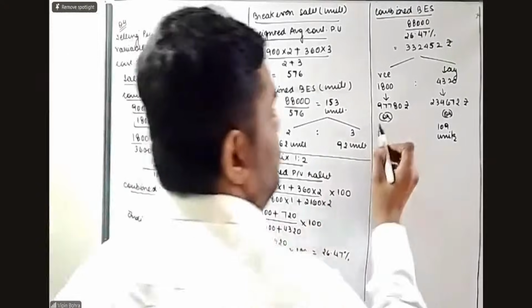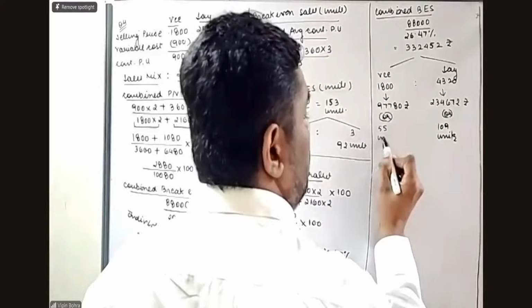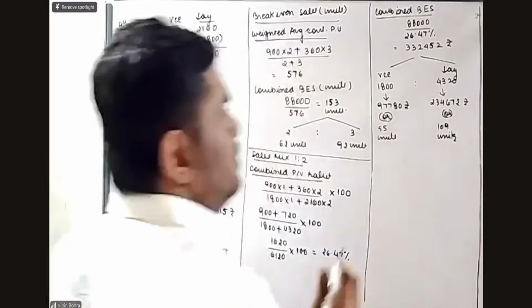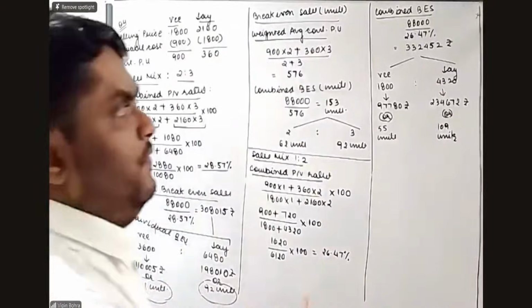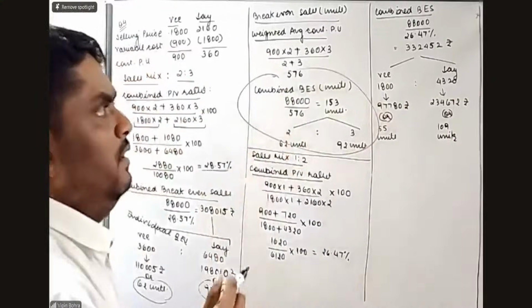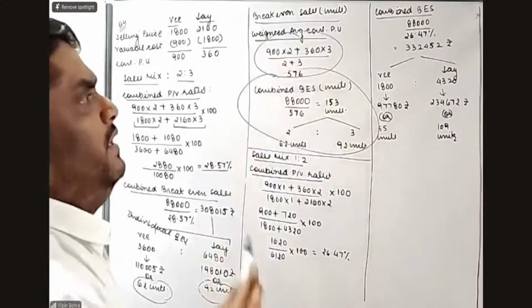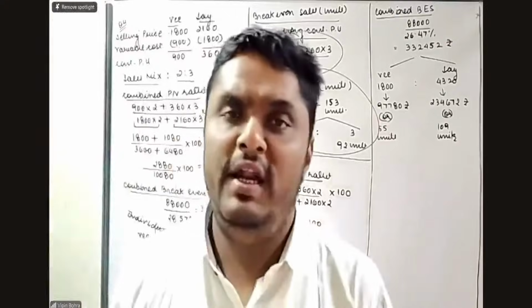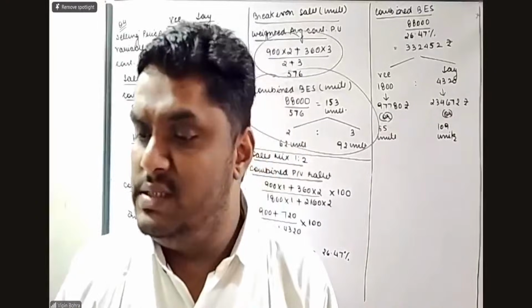Is 55 units. So this is the way. Apart from this, if you want to calculate it in units, you have to follow this approach wherein you first calculate the weighted average contribution per unit, and thereafter you can calculate the break-even sales in units separately for both the products.